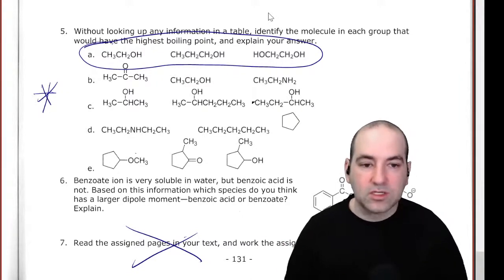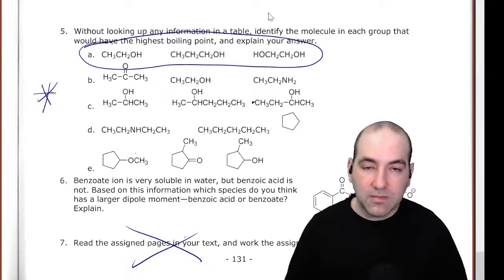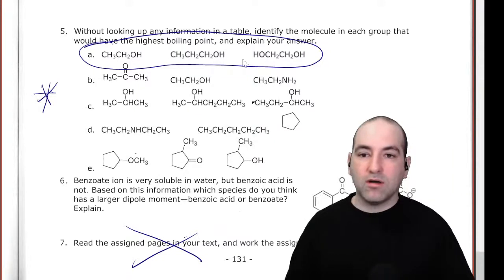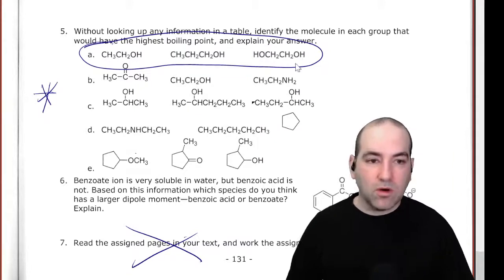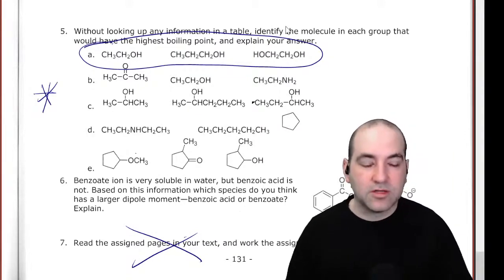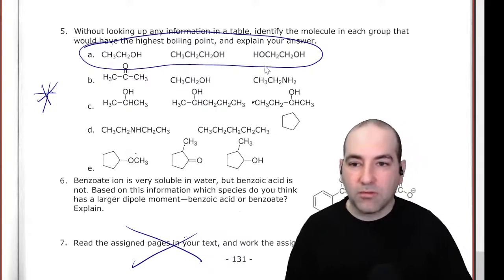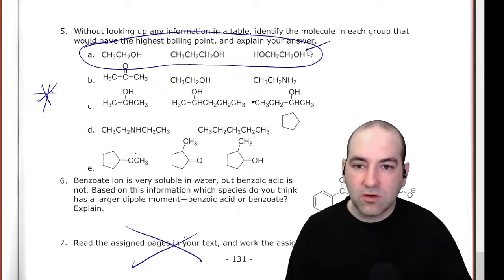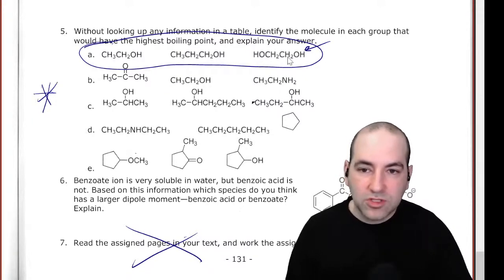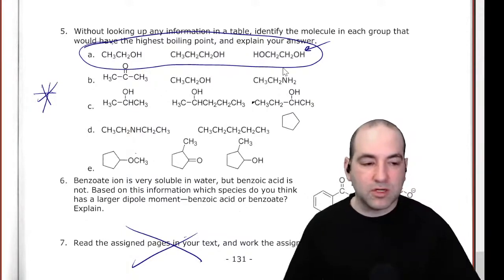So the more OHs there are, the more connections that can make, and the stronger those connections can be. So when we have more polar functional groups like this, more OHs, more ways of doing the hydrogen bonding, we can have higher boiling points. So the answer here is the third one, because of those 2 different OHs that can be much stronger.